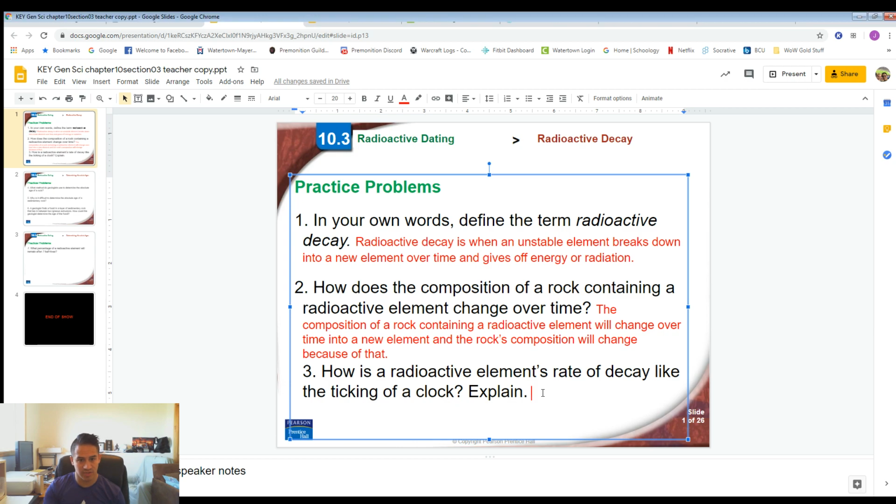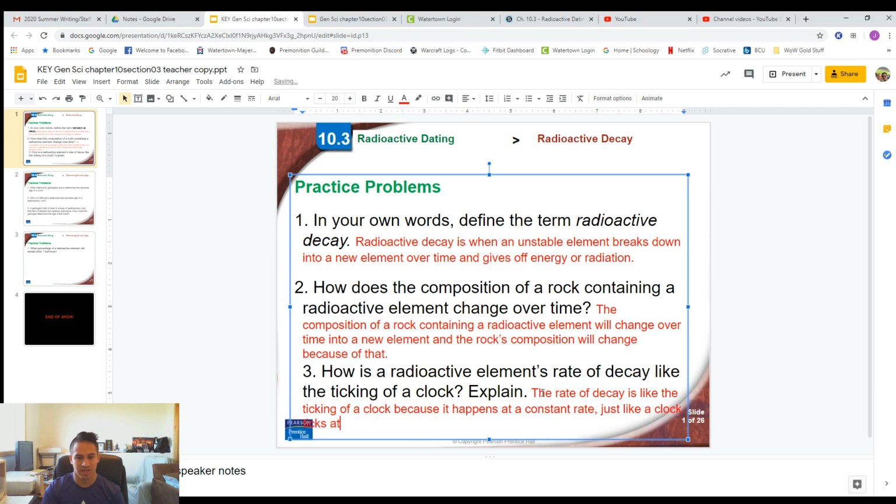So we're going to say something along those lines. So we can say that the rate of decay is like the ticking of a clock because it happens at a constant rate, just like a clock ticks at a constant rate.